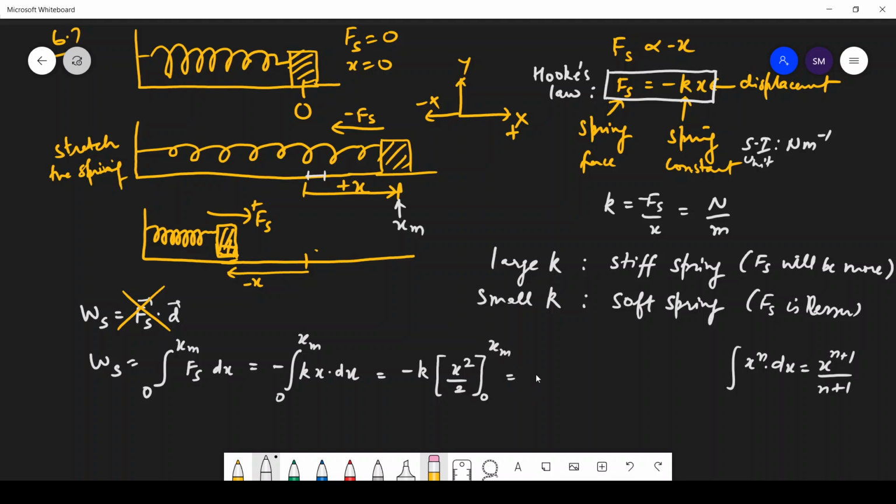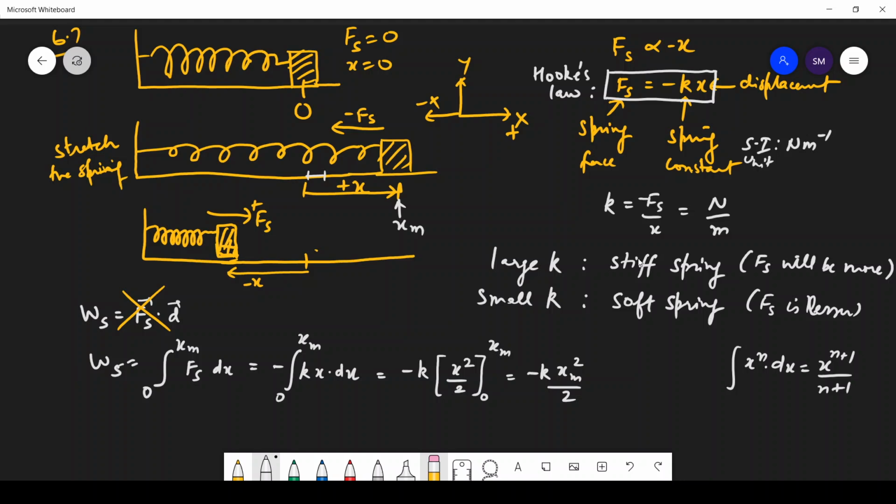These are your limits, 0 to xm. Put the final limit xm square at the place of x, divided by 2, minus the initial limit. The initial is 0, and 0 upon anything is 0, so there is no need to write it. So students, that is the work done by this spring force. Okay.